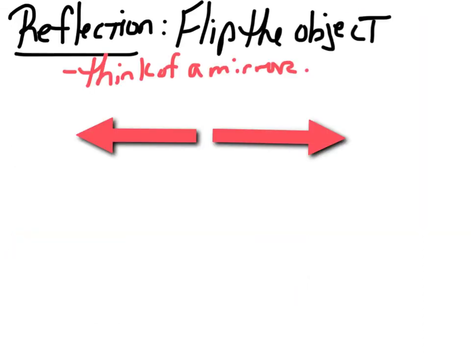So another term that we're going to talk about is what's called a flip or reflection. So if you think of a mirror, when you look into something, your right is now your left and your left is now your right. So a reflection is simply you're flipping the object. Now one of the things that we have with this is what we call the line of reflection. And the line of reflection is a line that always goes in the middle of that.